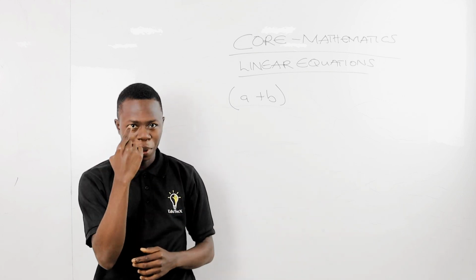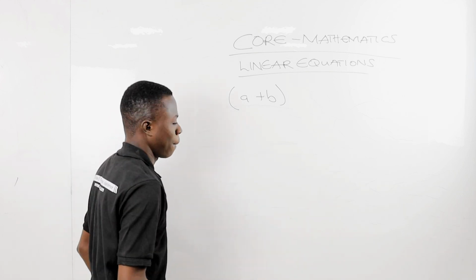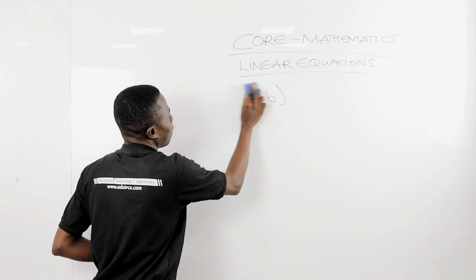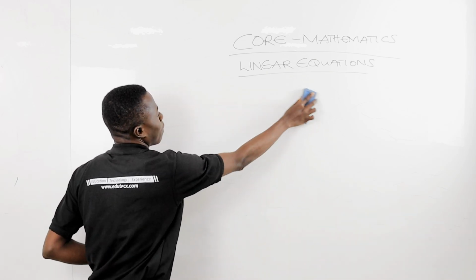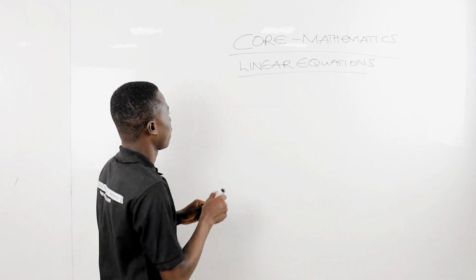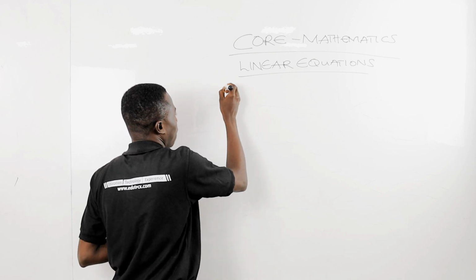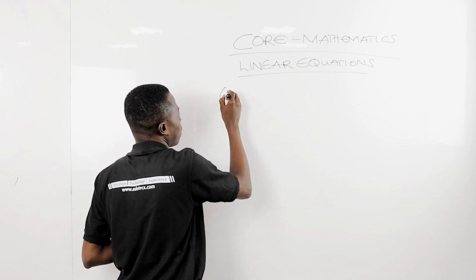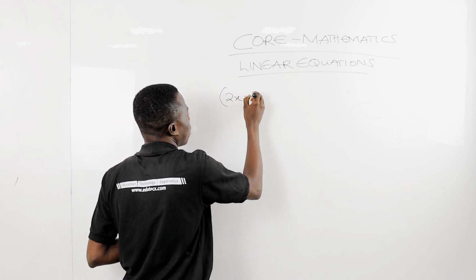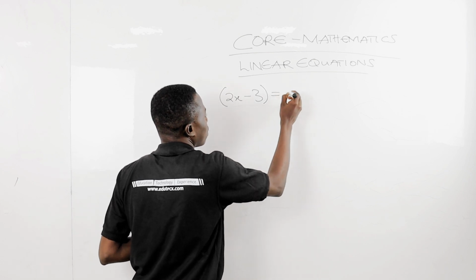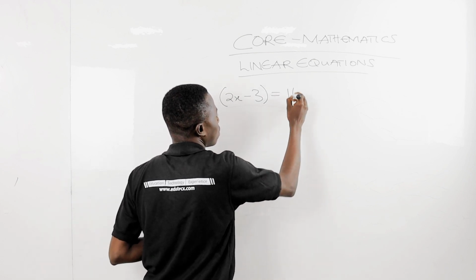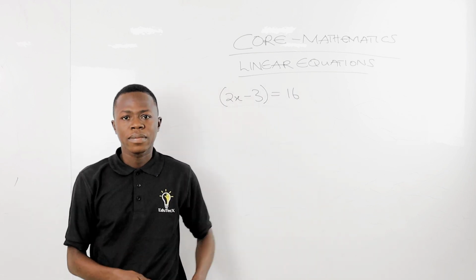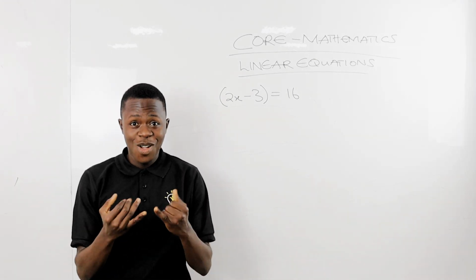Then what about a linear equation involving a bracket? How does that one look? So we have an open bracket, that is 2x minus 3, then a closed bracket equals 16.